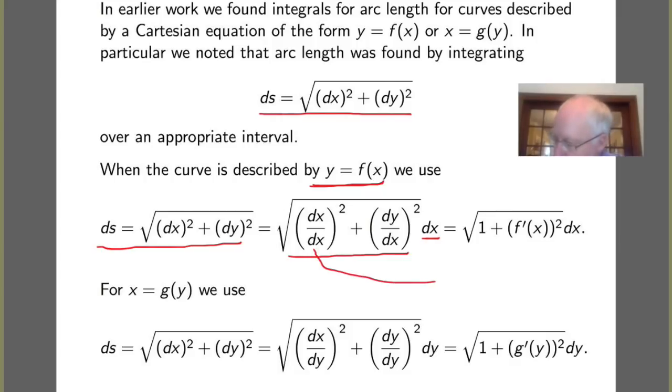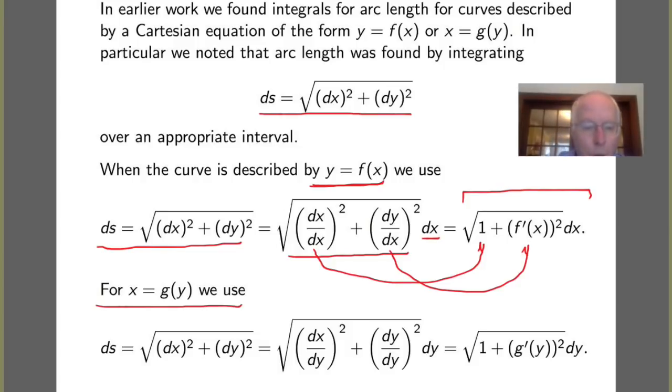And since dx over dx is 1, and dy over dx is f prime, we came up with this expression for the arc length differential, the square root of 1 plus f prime of x squared, dx. If we had the curve described with x as a function of y, so x equals g of y, a similar thing could happen here. We divide inside by dy squared under the radical, multiply by dy outside.